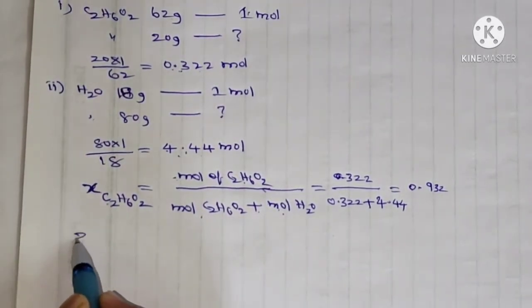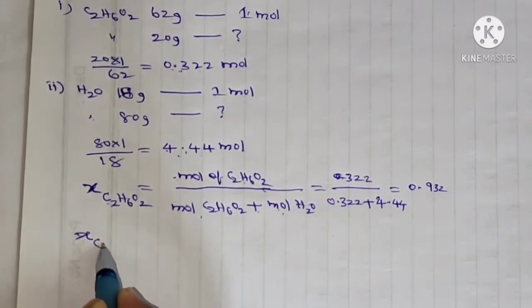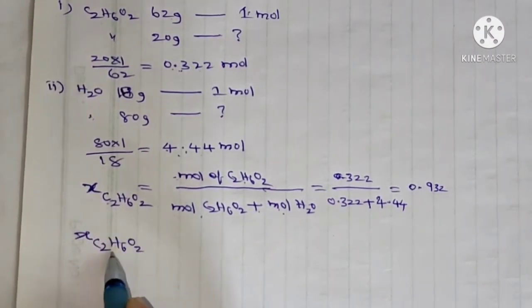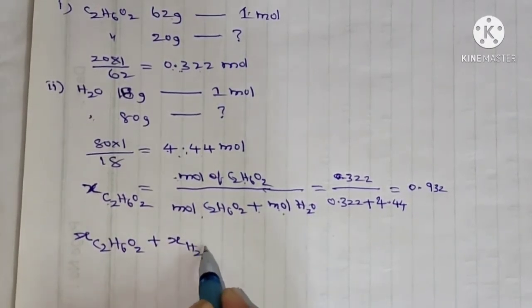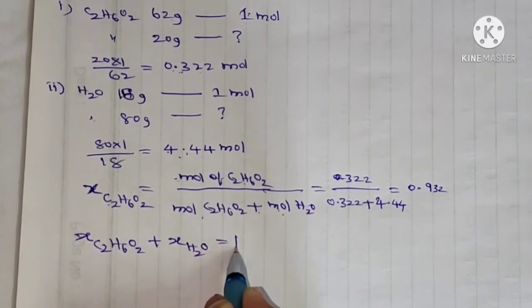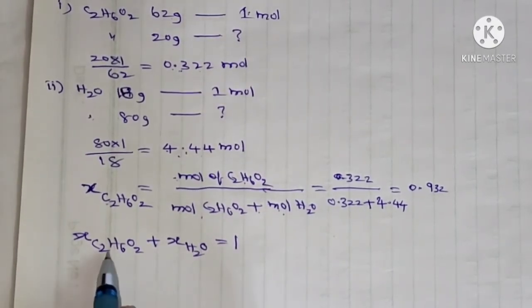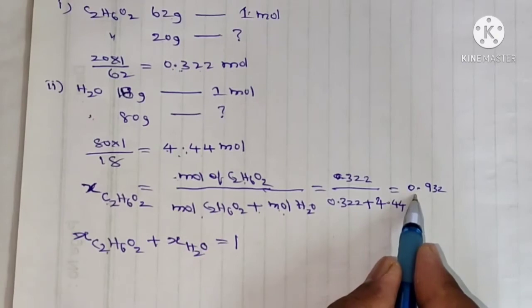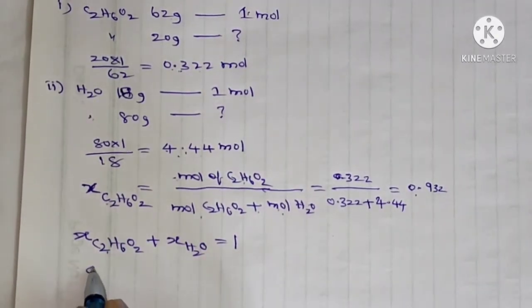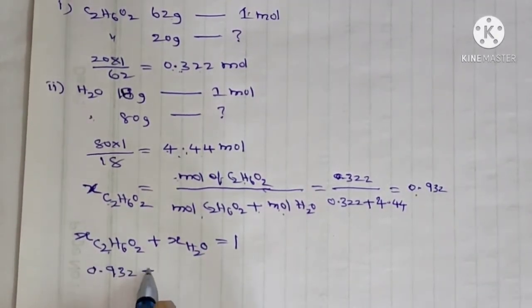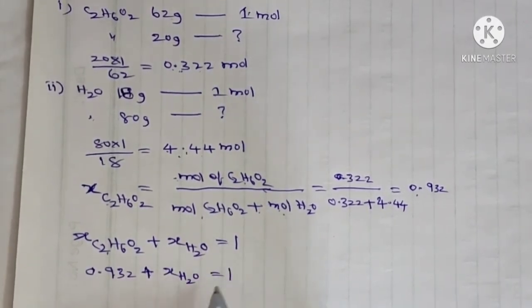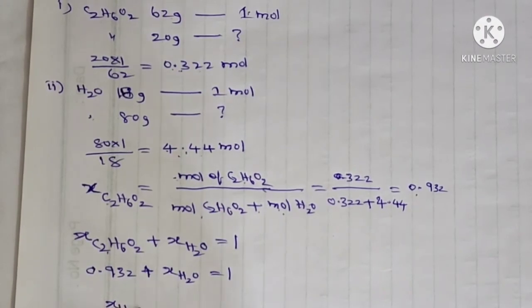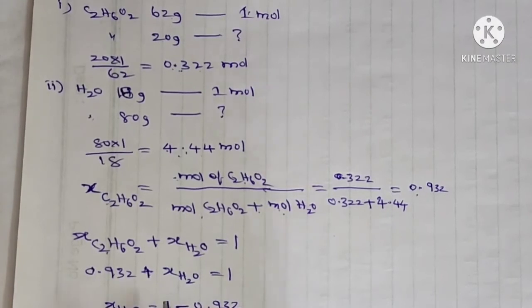So the mole fraction of ethylene glycol plus the mole fraction of water is equal to unity, 1. We know this value: 0.932. So 0.932 plus mole fraction of H2O is equal to 1. So mole fraction of H2O is equal to 1 minus 0.932.